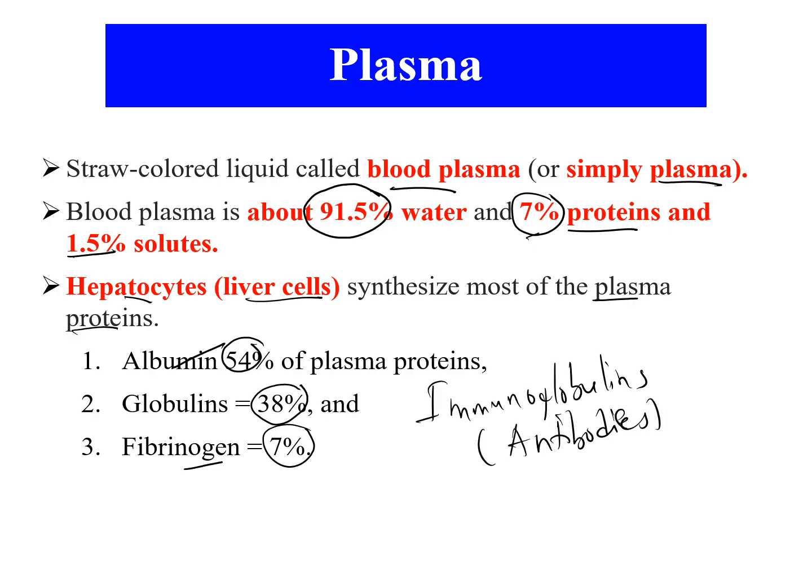These antibodies, despite being plasma proteins, are not produced by hepatocytes. They are produced by white blood cells. There's a different type of white blood cell that produces immunoglobulins or antibodies, which are a type of globulin. We are going to look at it under the white blood cells.